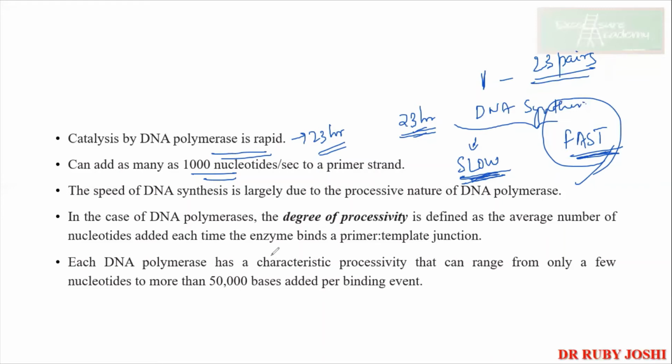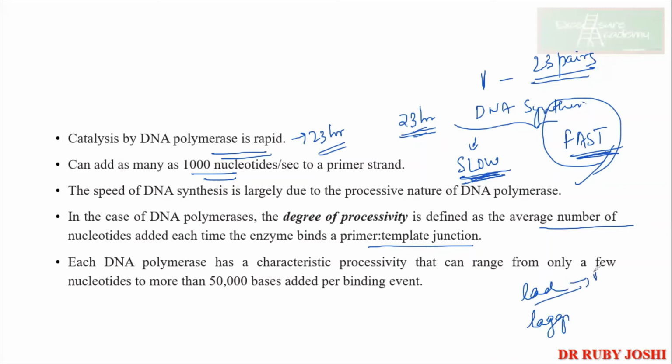Now the degree of processivity is defined as the average number of nucleotides added each time the enzyme binds to a primer template junction. Okay, so I'll show you the video also in which we'll see how far the DNA polymerase is actually changing and adding the nucleotides. Now why is it changing? In replication we have got the leading as well as the lagging strand, right?